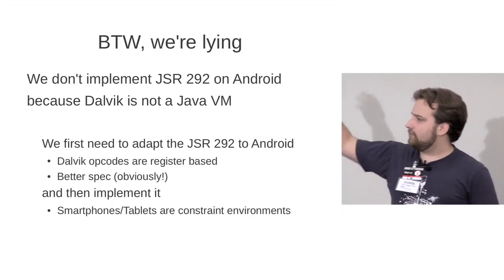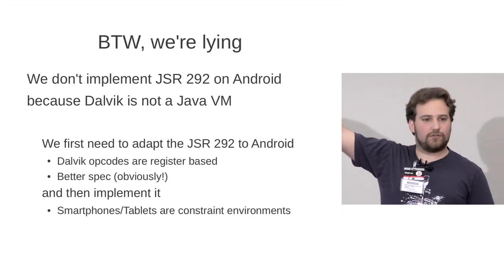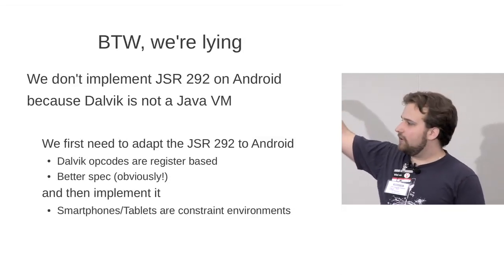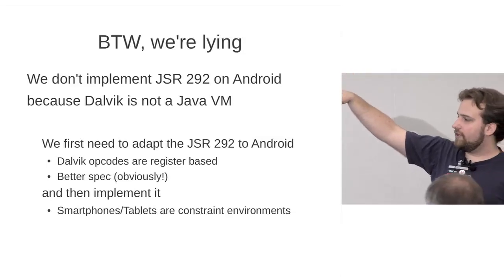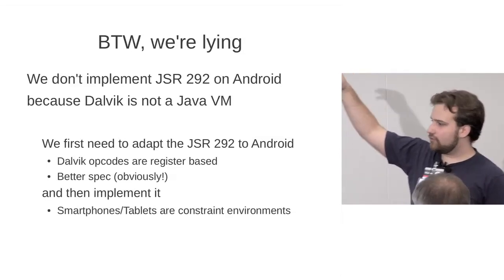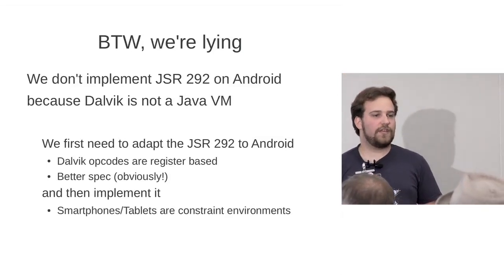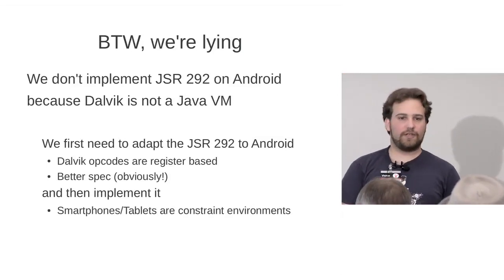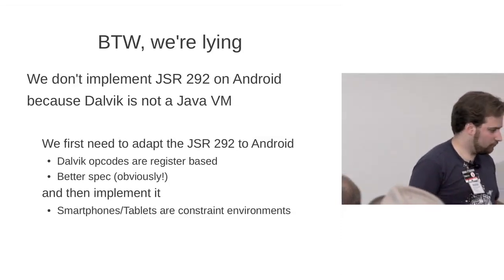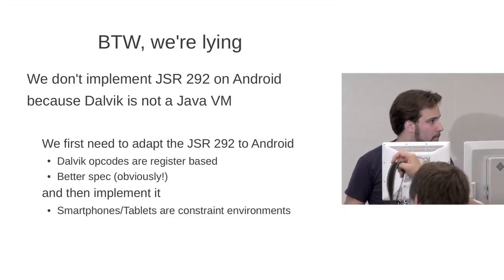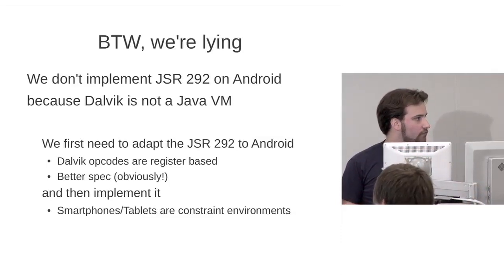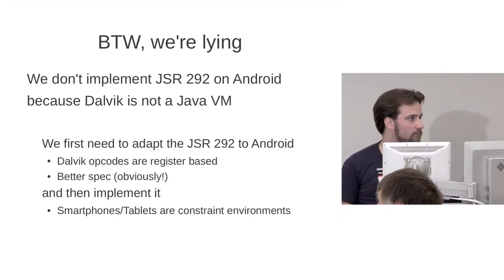Some differences: Dalvik is a register-based machine, and Android runs in a constrained environment, so we have to save memory and battery. And because we do this after the spec, we have cleaned some parts of the spec.